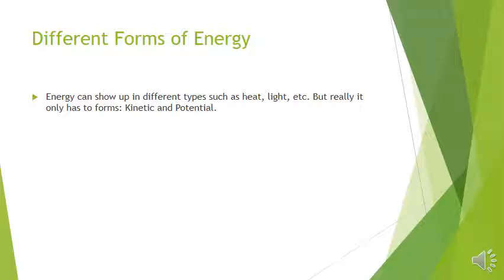Now, a little bit more about energy, and it's not all just one type of energy. Energy can show up in different types, such as heat, light, chemical, gravitational, all kinds of different ways. But it really only has two forms, kinetic and potential. And we want to go over these.